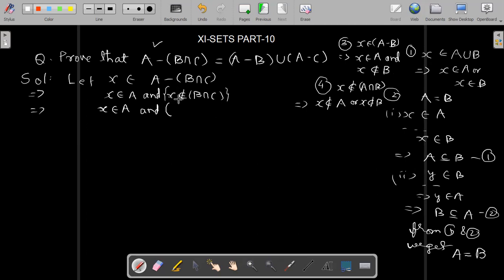So we should take care about these operations when we write the distribution of AND on OR. X does not belong to B, and this is AND. Intersection is AND, but here it is does not belong, so AND will become OR. So we will write X does not belong to B.